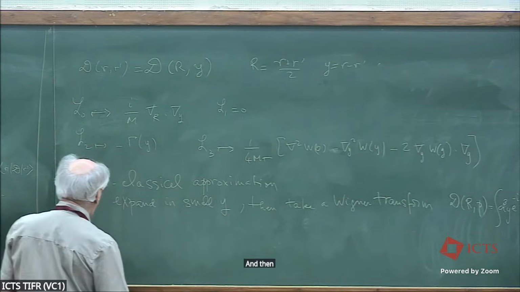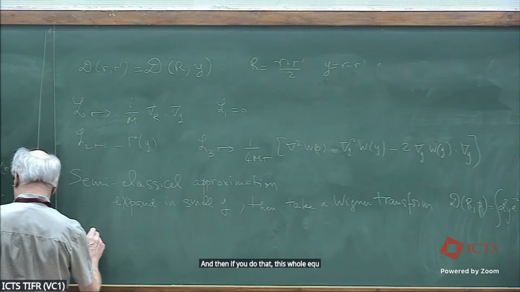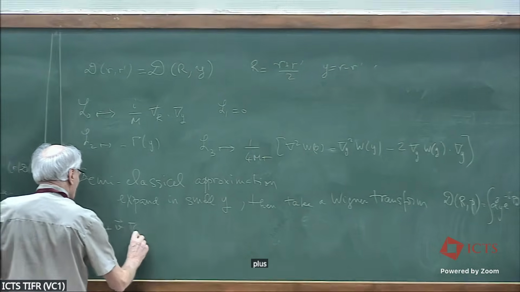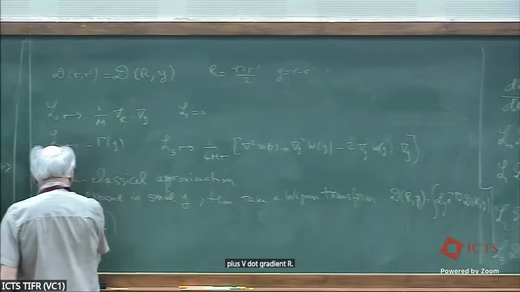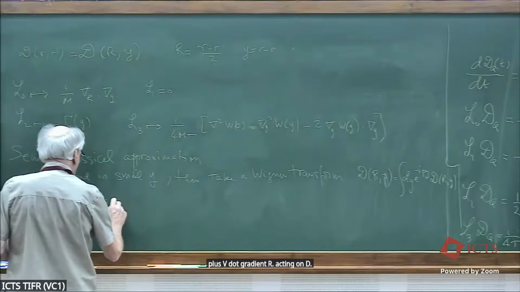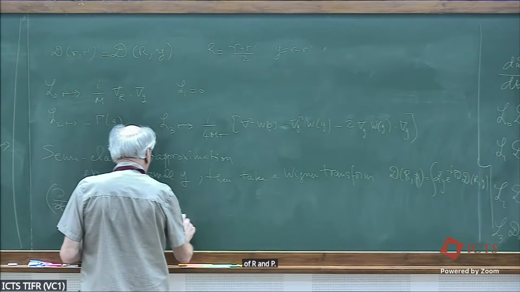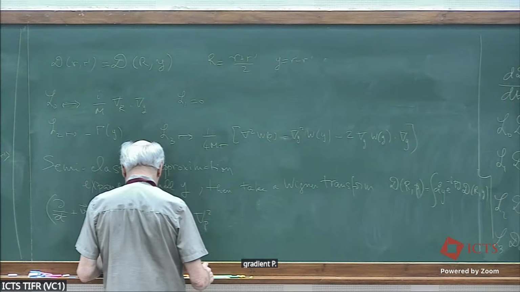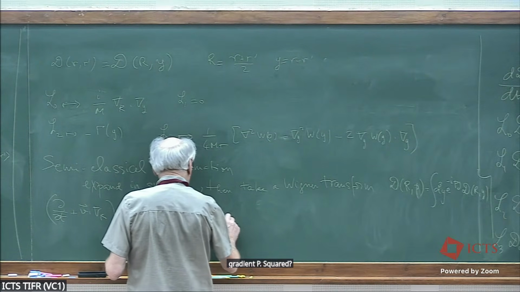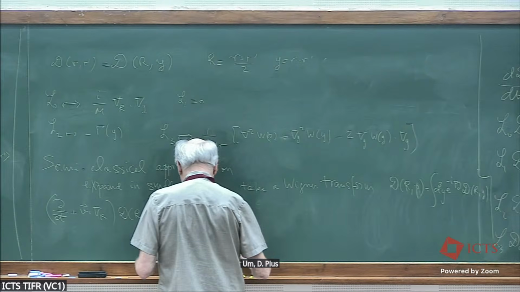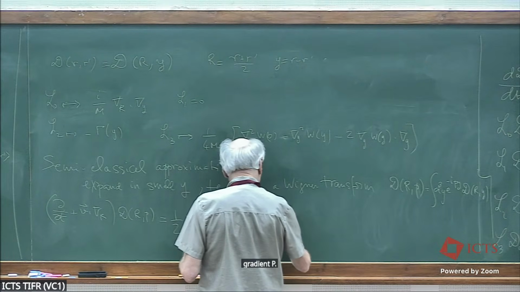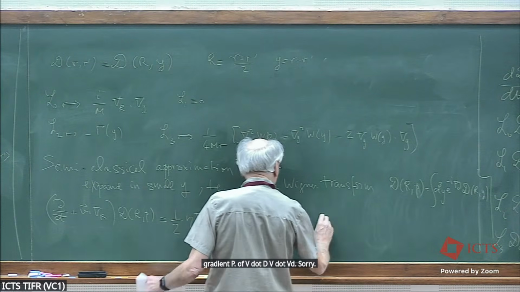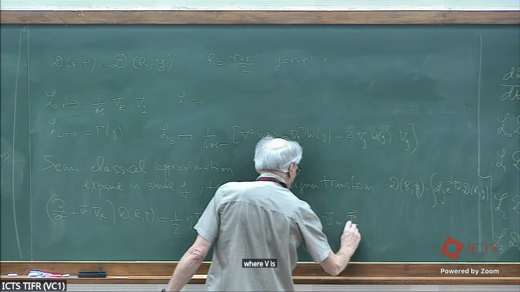And then if you do that, this whole equation boils down to the following equation: d by dt plus v dot gradient R acting on D of R and p is equal to one half eta gradient p squared D plus gamma gradient p of v D, sorry, where v is equal to p over m.